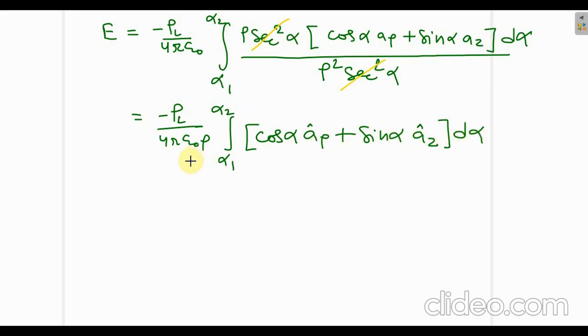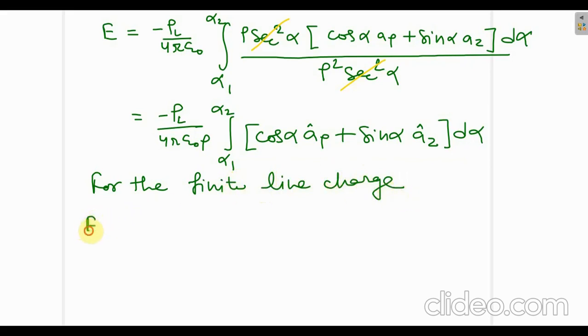So for the finite line charge, meaning the line charge of finite length, E equals minus rho L upon 4 pi epsilon 0 rho.